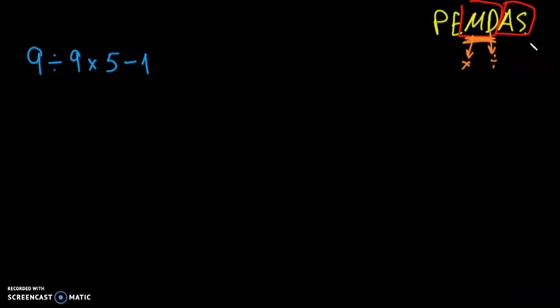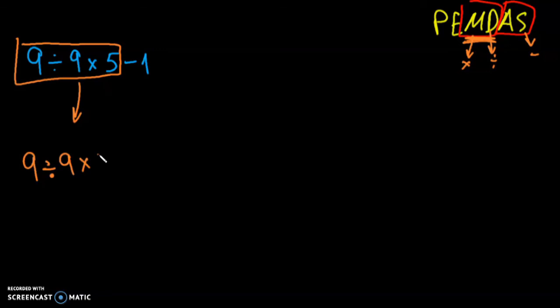They come before subtraction, which is S. So we do this part first, and then we do this part. So let's take this part alone. 9 divided by 9 times 5.